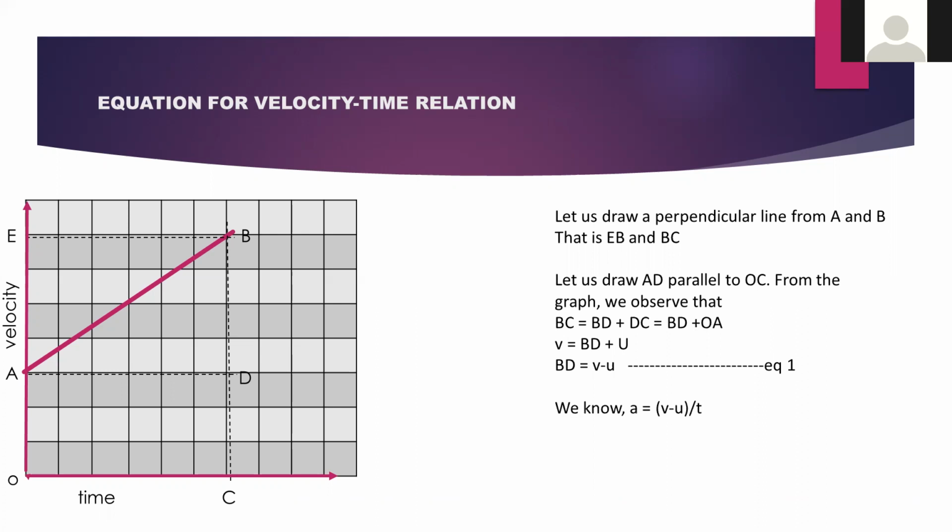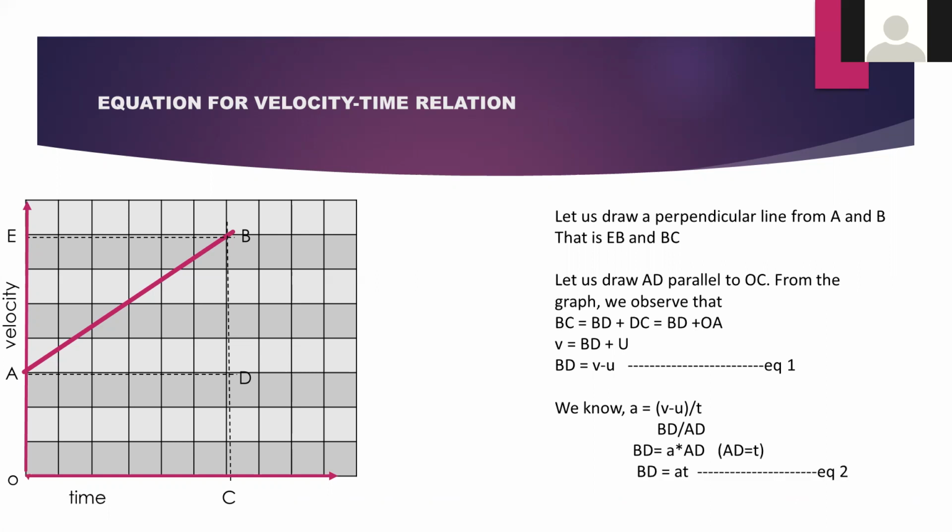Now we know that acceleration is V minus U by T. I've told you now. Then V minus U by T, the acceleration. This AB is actually acceleration, right? If we are talking about the graph of velocity and time, this AB line is acceleration. Acceleration V minus U by T, that is BD by AD.